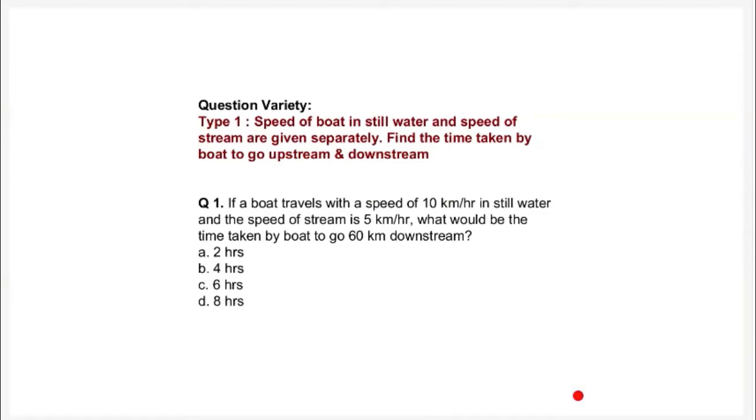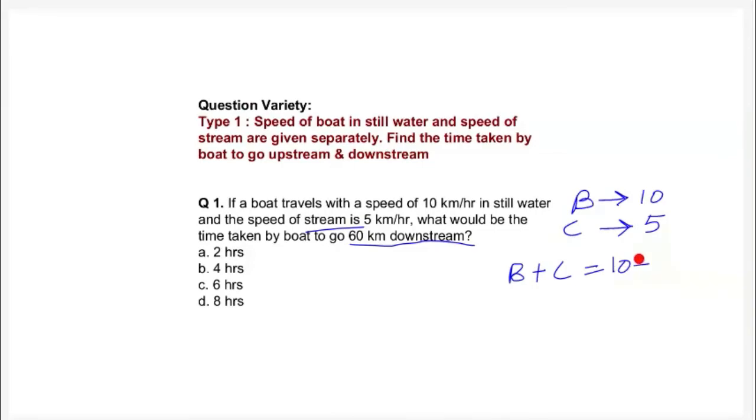If a boat travels with a speed of 10 km per hour, B is given as 10 km per hour, and the speed of stream, meaning speed of current, is 5 km per hour. What would be the time taken by the boat to go 60 km downstream? Speed of downstream is B plus C, that is 10 plus 5, 15 km per hour.